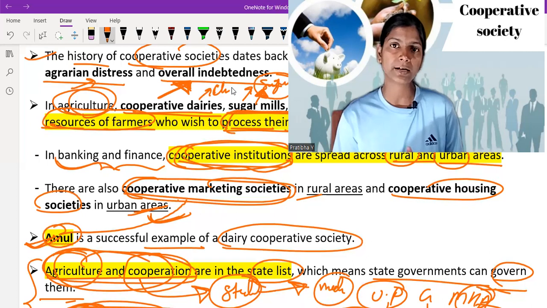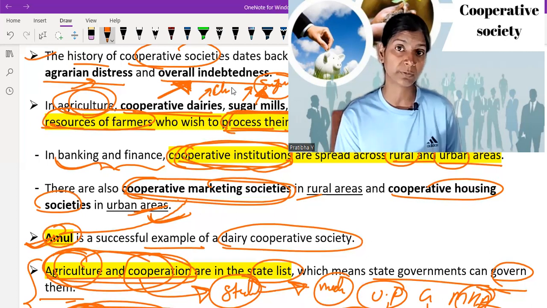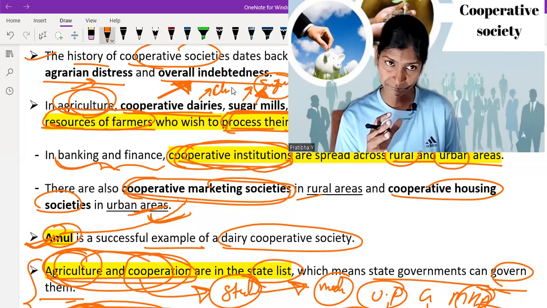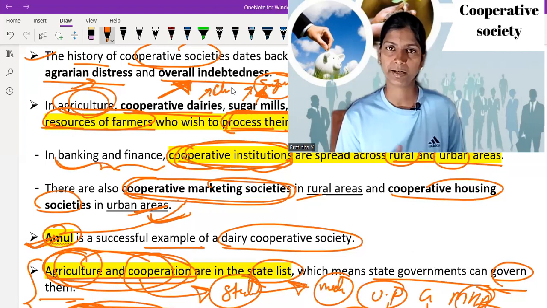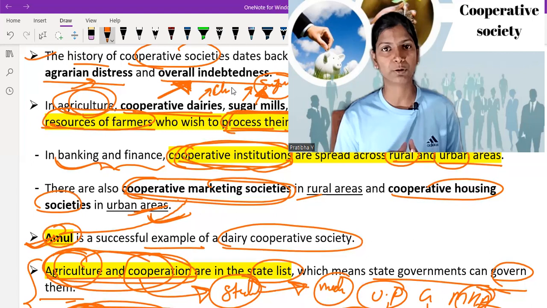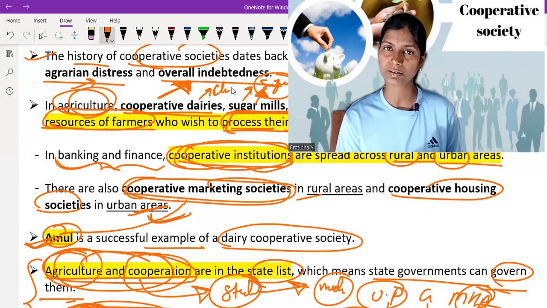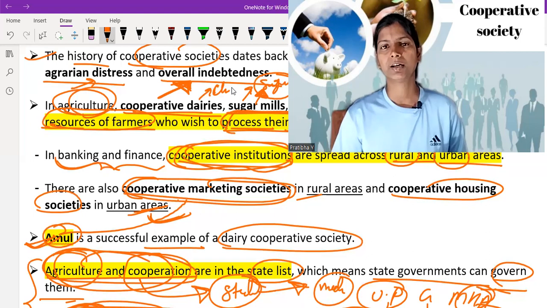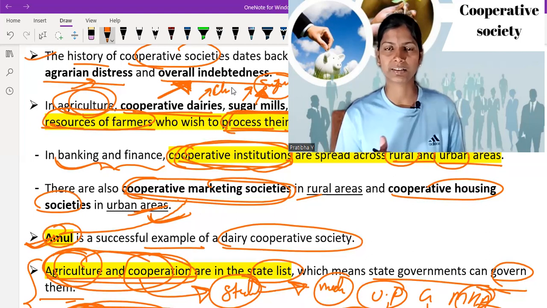They also help in terms of employment, tackling agrarian distress, and tackling the indebtedness problem. So many problems are solved on many levels with the help of cooperatives. That's why state governments make laws to govern cooperative societies in their respective state, and also agriculture and cooperation is in the state list.